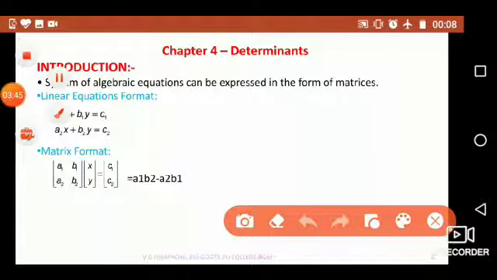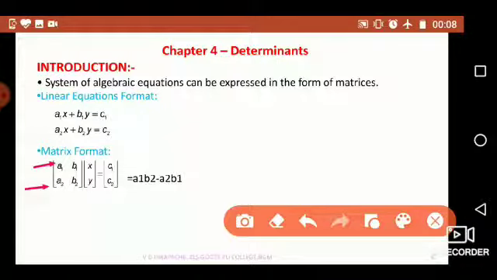That is, the first row containing the coefficients of x and y of the first equation, a1 b1, the second row containing the coefficients of x and y, a2 b2, and the variable matrix is taken in the column form x y, and that is equal to a constant matrix in the column form c1 c2.